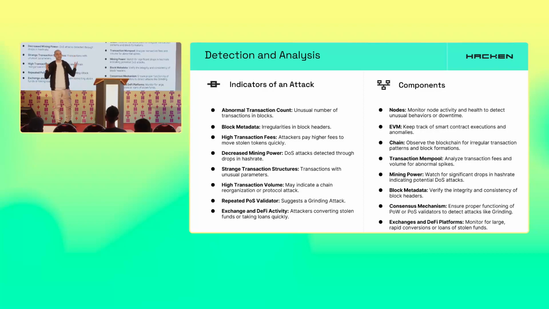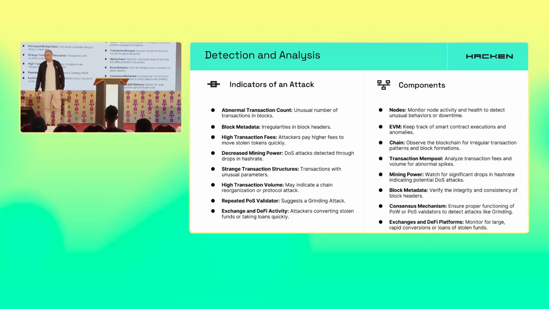Because the validator that is selected to mine the next block should be random. So if we have the same validator in a row, that's probably something going really wrong. And the exchange and DeFi activity, again, this can be a market thing, but it can also be an indicator of an attack. If there is a lot of movement, it can be that someone is stealing money and trying to take it from there.